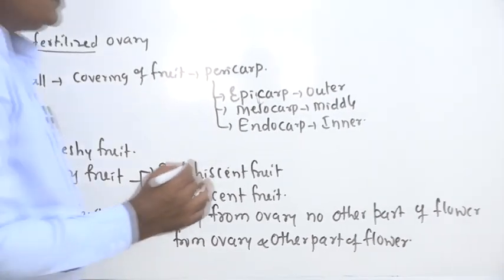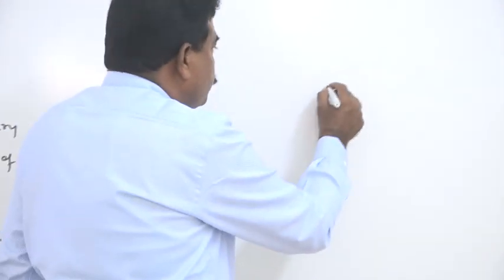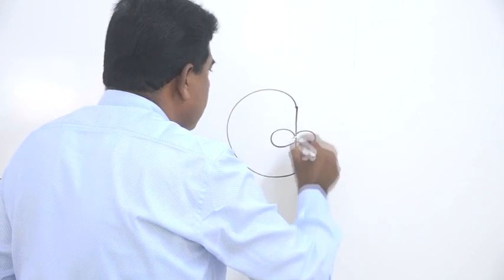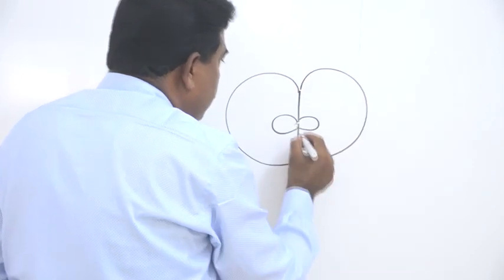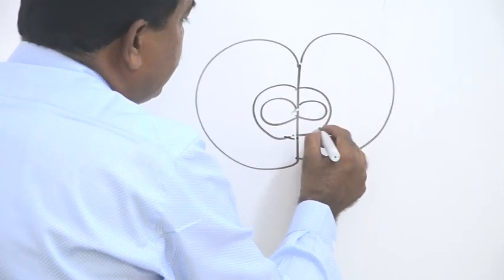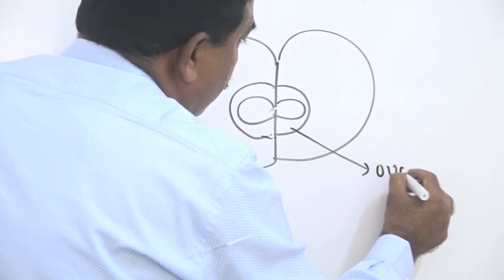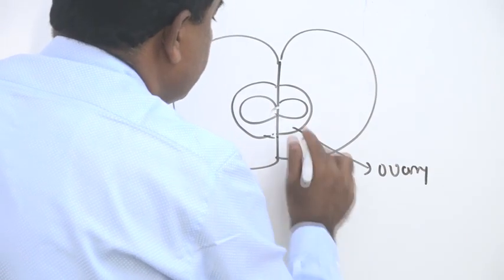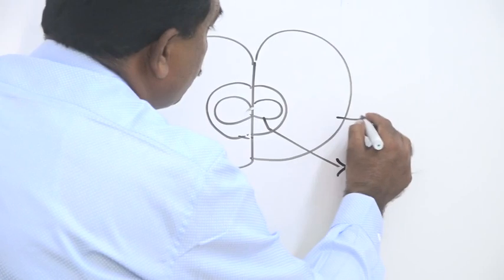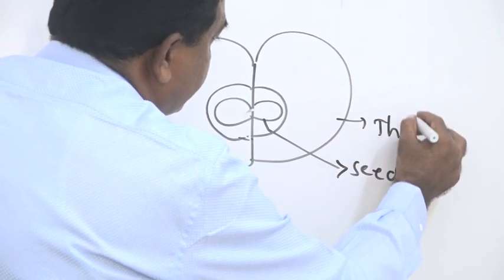Suppose you take the apple, strawberry, and cashew nut. Here, what happens? The actual seeds are there, and the swollen part is the thalamus.